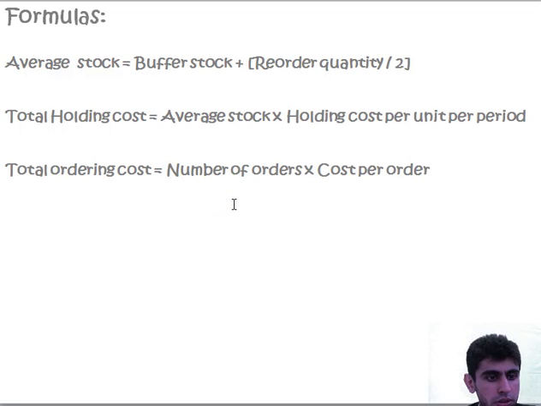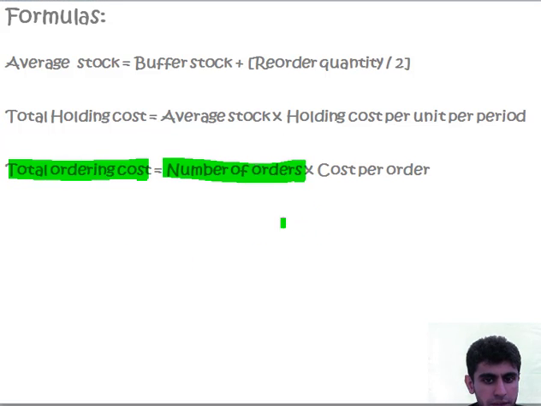Similarly, we have the formula to calculate the total ordering cost. The total ordering cost is simply number of orders times cost per order. So how many times you place the order and what is the cost of placing one order, you multiply both of them, you get the total ordering cost. In your exam mostly you are going to calculate total annual ordering cost.